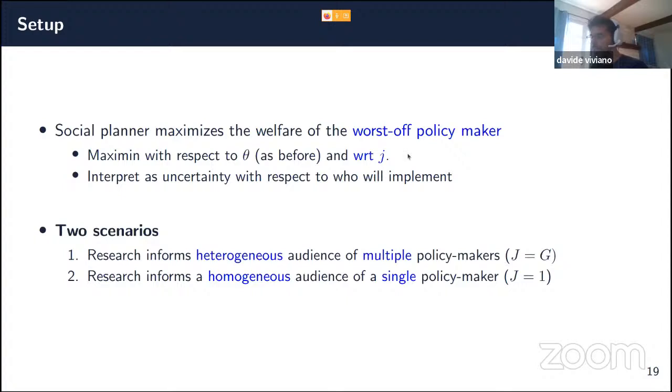We can think about this setup as having uncertainty not only with respect to the treatment effect, but also with respect to who is going to implement the policy and the type of result that is going to be reported. We can have two scenarios. One is where the research informs a heterogeneous audience, which means that we have many policymakers. The second is where the research informs a homogeneous audience, which means that we have one single policymaker.